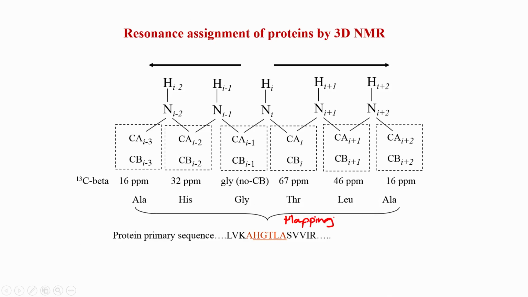So, we are trying to map the stretch of amino acids that we have assigned onto the sequence, and if what I have done is correct, then I should be able to find that sequence in my protein sequence also. So, my protein primary sequence should contain this stretch of amino acids which I have connected and assigned. If it is found, then I can say that yes, my assignment is over for these amino acids. Again, remember, we are not talking about the remaining ones, only these 4 or 5 or 6 amino acids are assigned now.